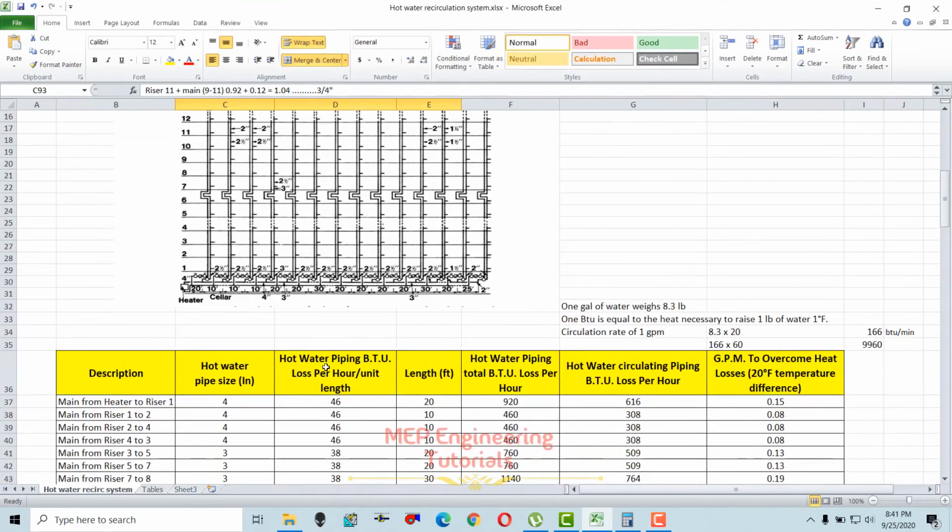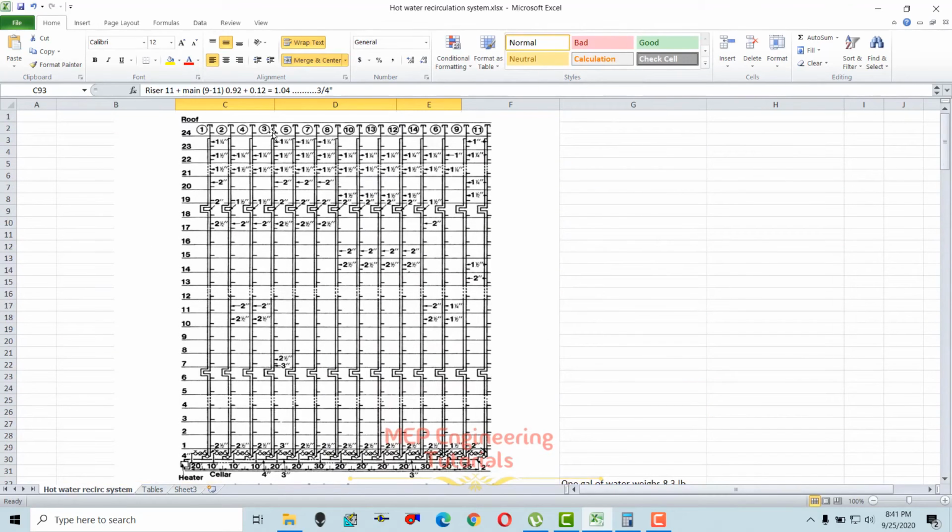So if you see that riser 3 is in here and 4 is here, so we have to check GPM for this riser 3 and all the previous GPMs here, plus riser 3 GPM to get the size for this pipe segment. So what you have to do is take GPM for riser 3 and GPM between riser 3 and 4 and the previous all GPMs.